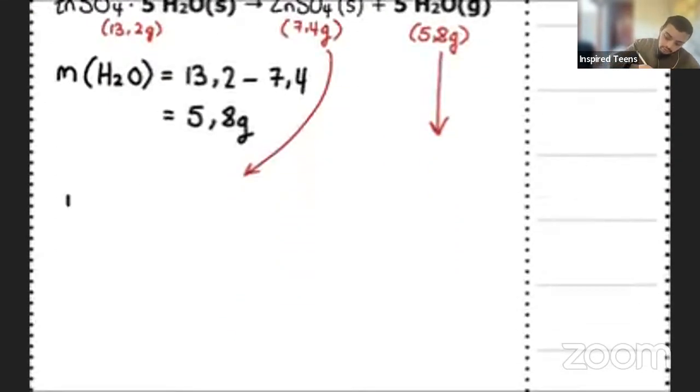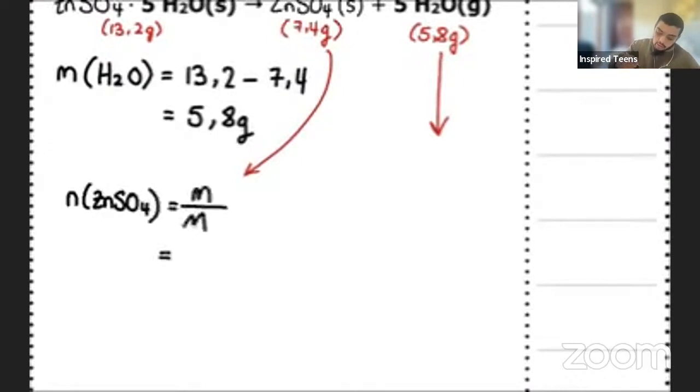So here, I'm going to calculate the moles of ZnSO4 by using m over M, which is equal to its mass, 7.4, divided by its molar mass. The molar mass of ZnSO4 is 161.